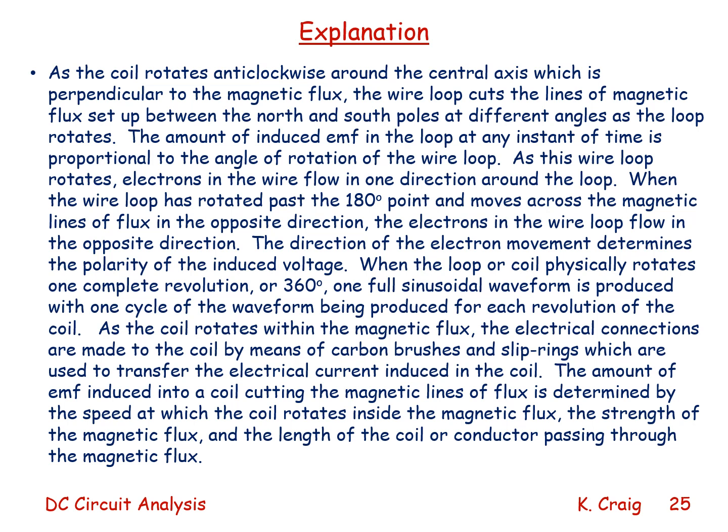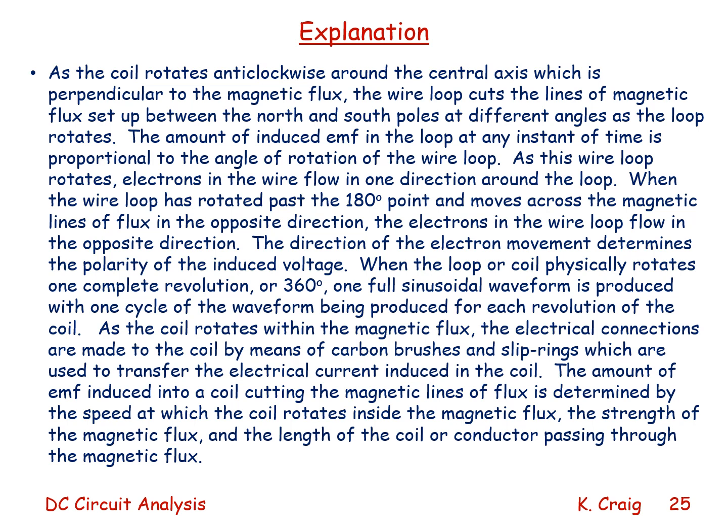Here is the explanation of the single coil AC generator. As the coil rotates anti-clockwise around the central axis, which is perpendicular to the magnetic flux, the wire loop cuts the lines of magnetic flux set up between the north and south poles at different angles as the loop rotates.